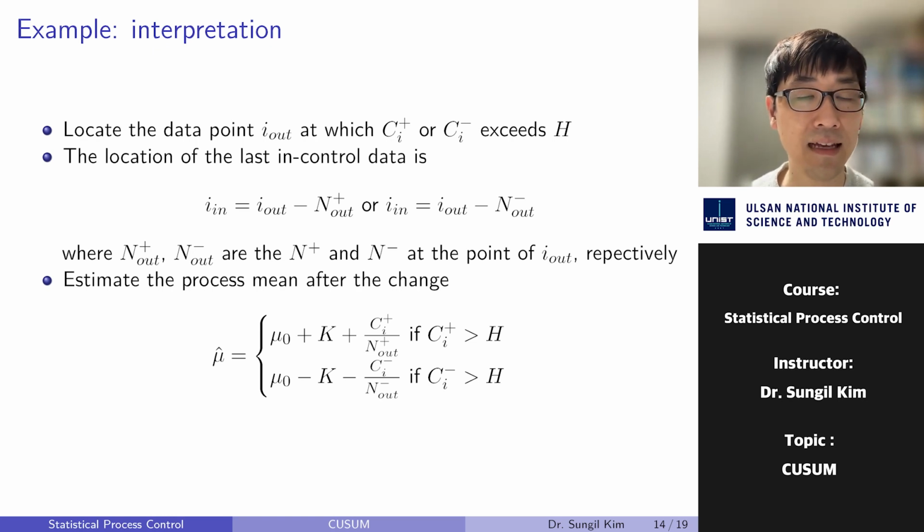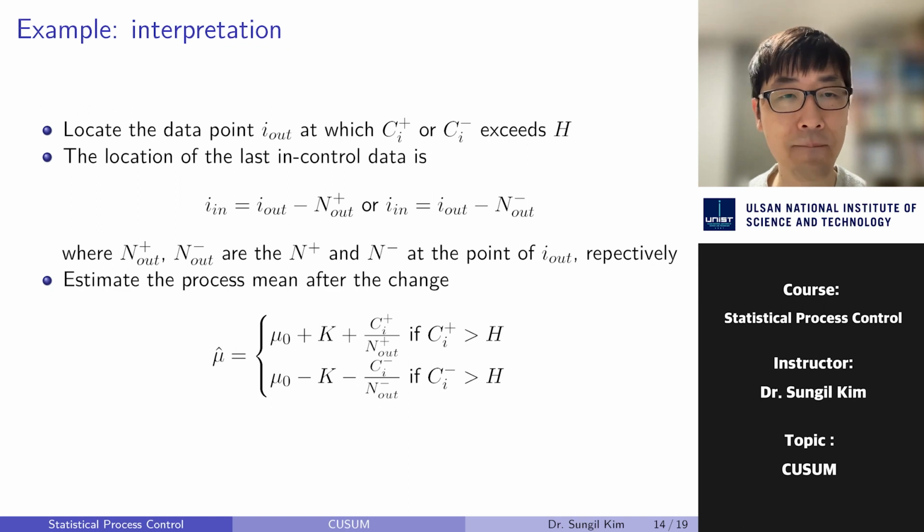Let I out denote the data point index giving a signal. Meanwhile, let I in denote the last in control data point index. And let n plus out and n minus out denote the n plus and n minus at the point of I out, respectively.